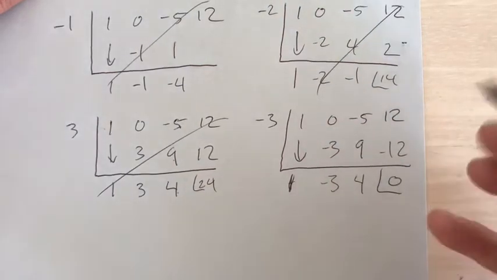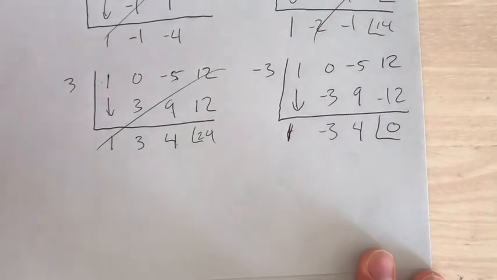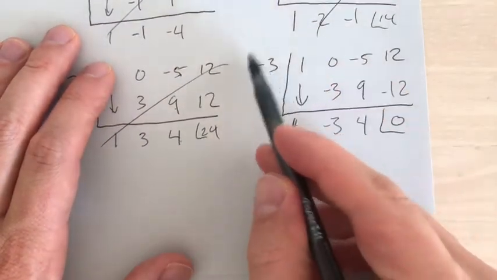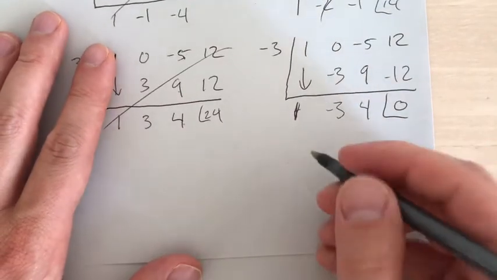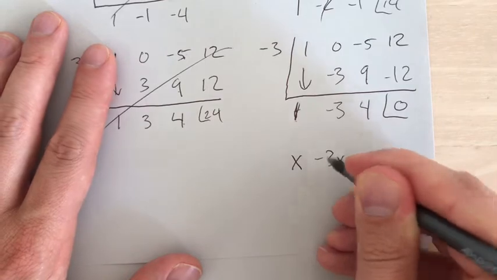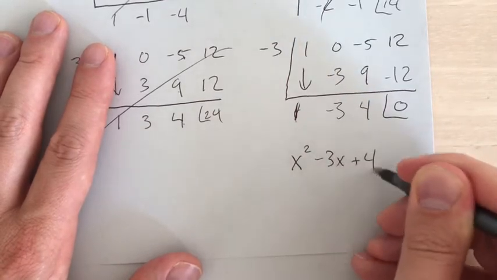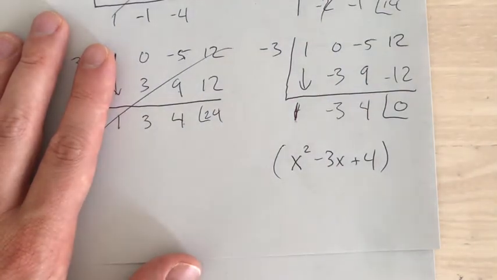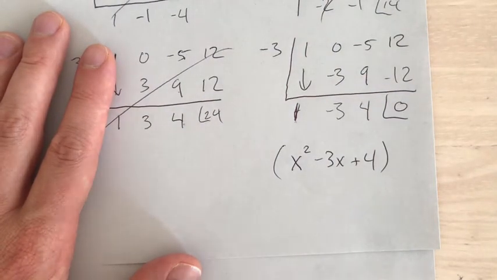And there we finally go. Heck yeah. All right, so this is going to be the polynomial version. That's the x-intercept that would work. So we're going to write that as x squared, that would have an x, and then that would be plus 4. And then this just needs to be written in factored form. The factored form of the x-intercept of negative 3 would be x plus 3.